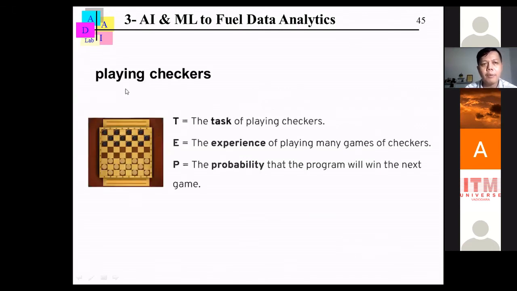With the example of playing checkers, T is the task of playing checkers, E is the experience of playing many games of checkers, and P is the probability that the program wins the next game.